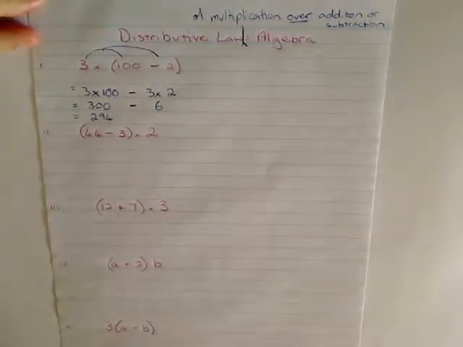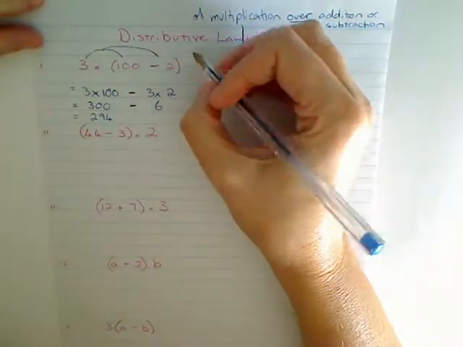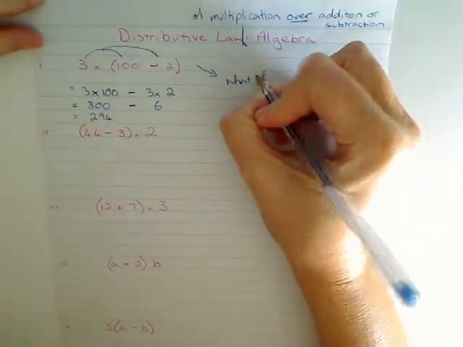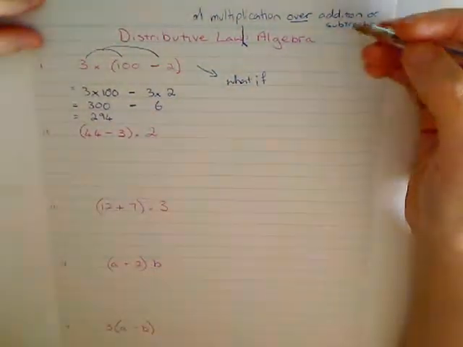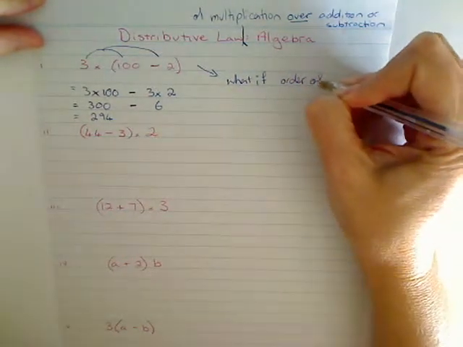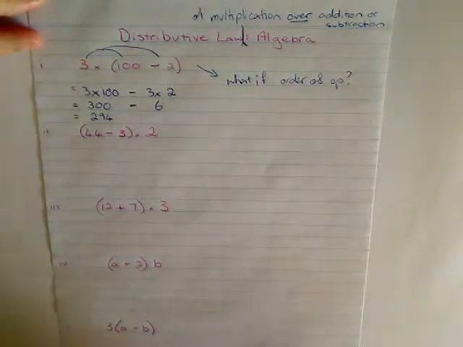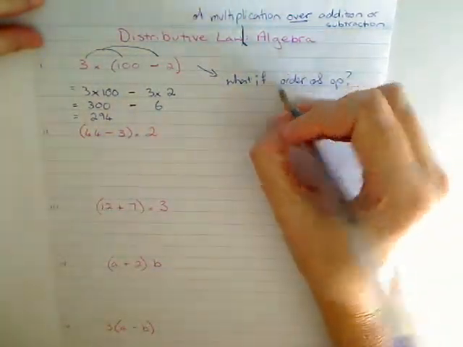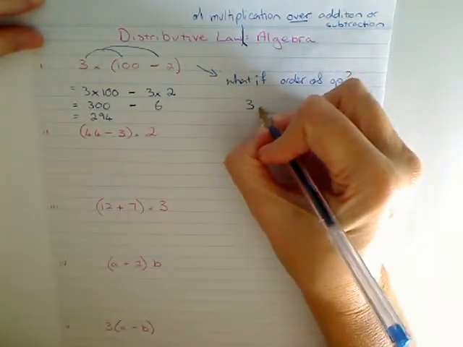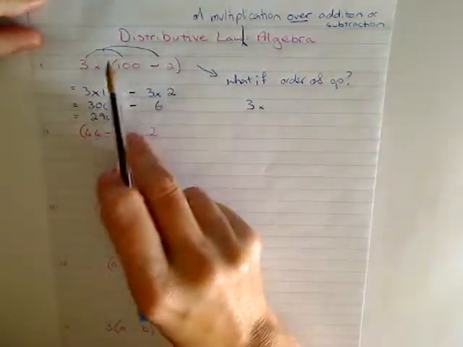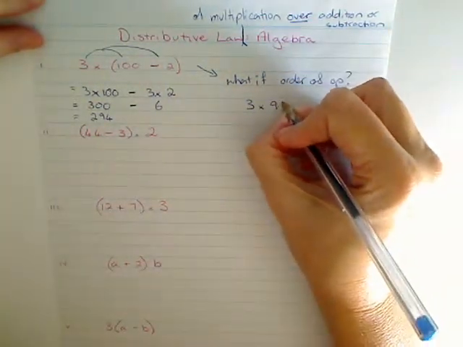Now, because it's all numbers, I could actually choose, instead of distributive law, and some of you may be thinking that's not how I'd calculate this, and that's fine, what if I used order of operations? If I use order of operations, I would calculate what's in the bracket first, which is 100 take 2, 98. So I would leave 3 and the multiplication alone, and just calculate what's in the brackets first, which is 98.